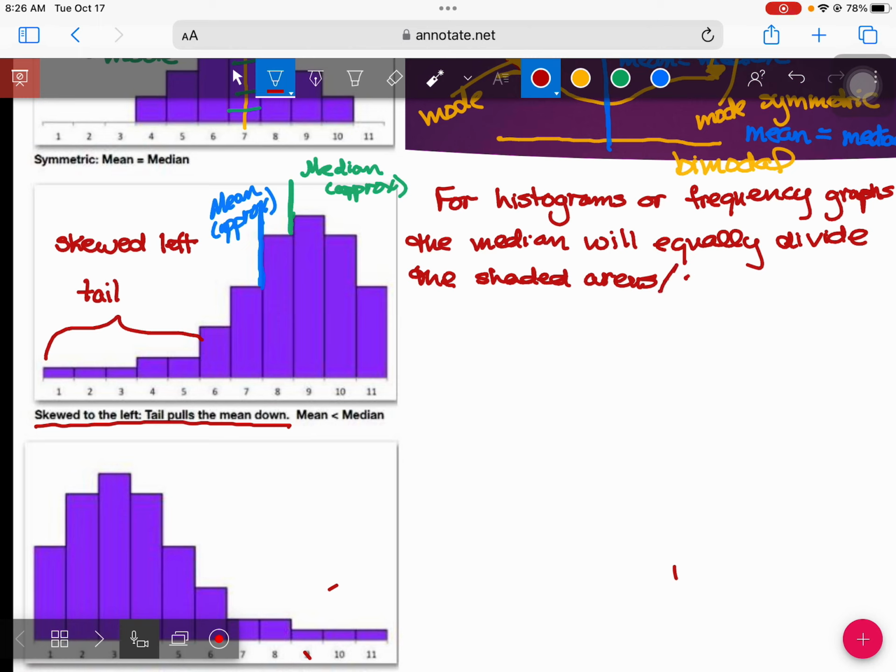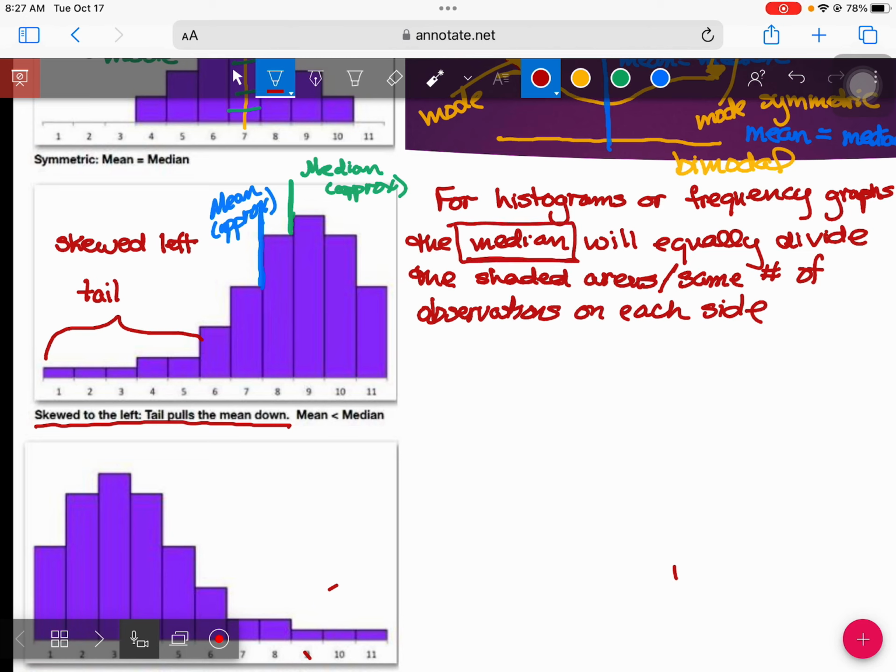Which means you will have the same number of observations on each side of the median.